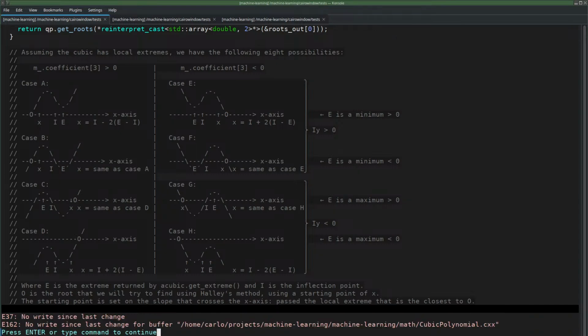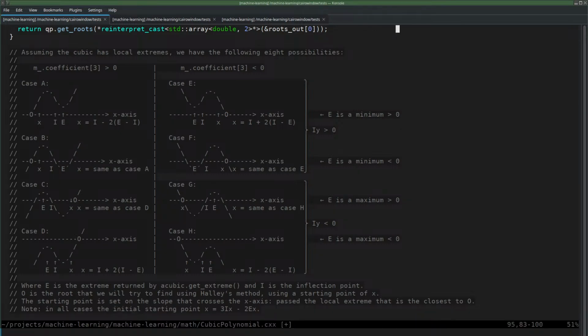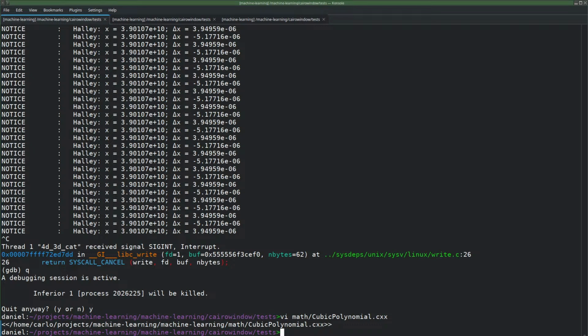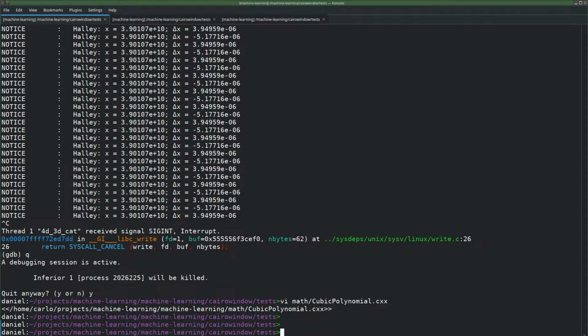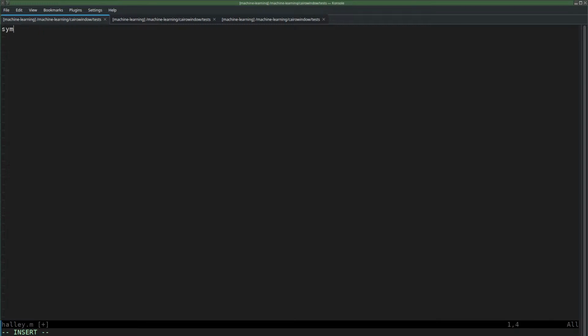Let's see if my Octave foo has increased. Symbols, okay, I guess, the coefficients.